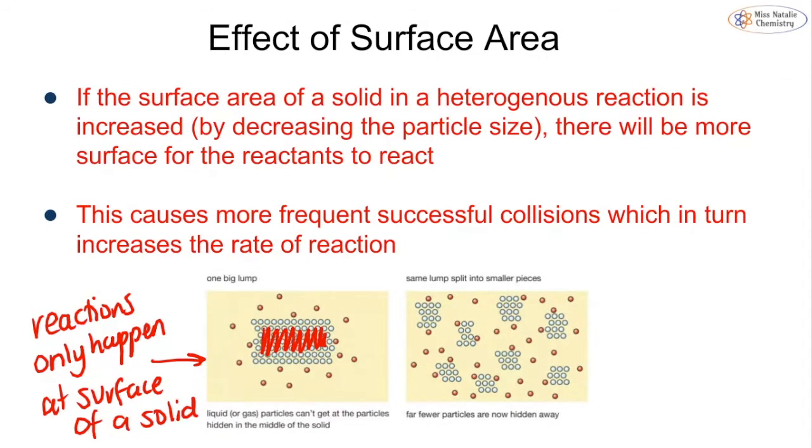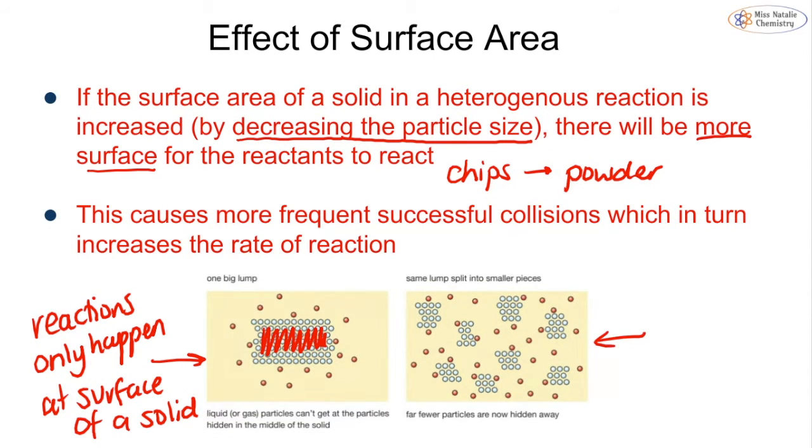The liquid or gas particles that are reacting here cannot get to the particles in the middle of the solid. So if we increase the surface area, and we do this by decreasing the particle size, so that might be going from marble chips, for example, to a powder, that's going to allow for more surface for the reactants to react, and you can see that in the diagram on the right-hand side.